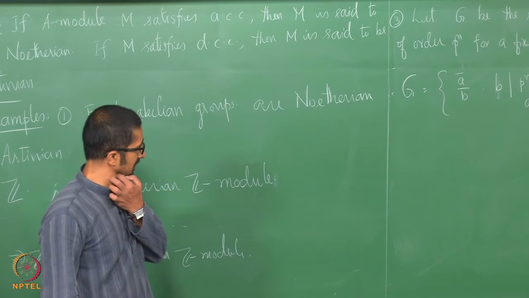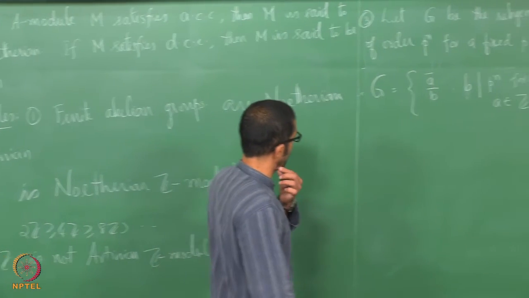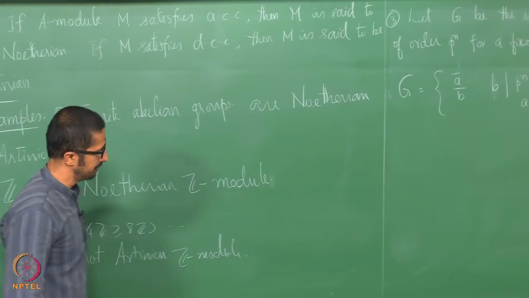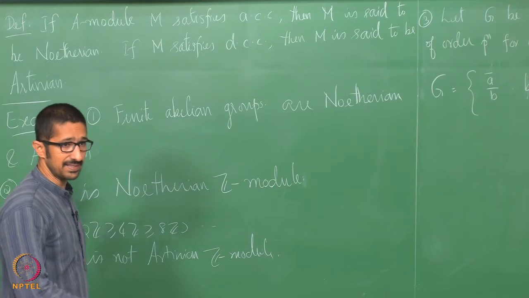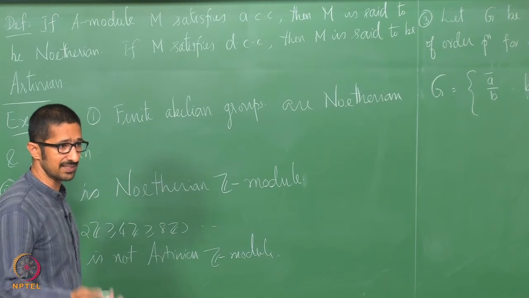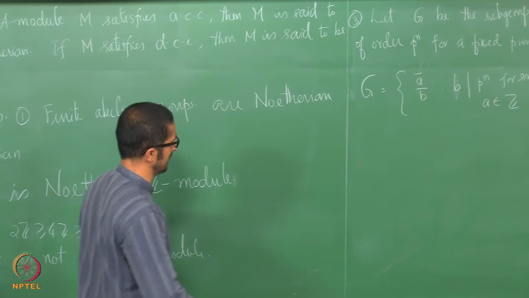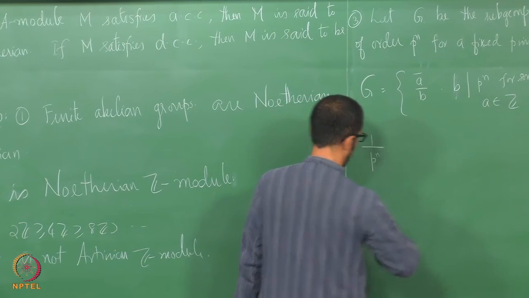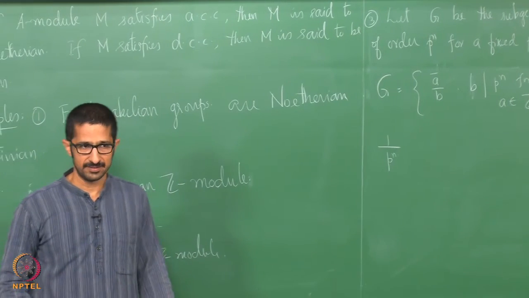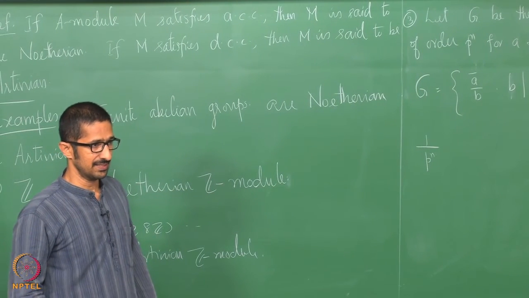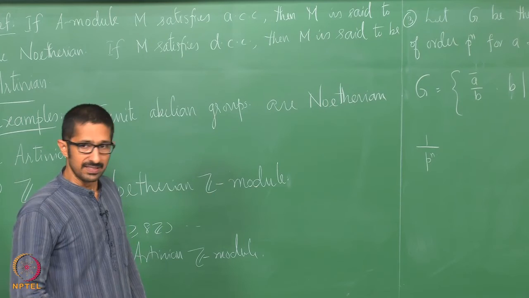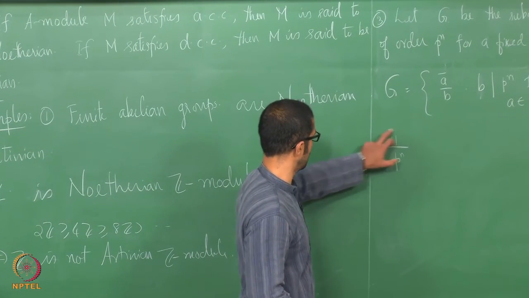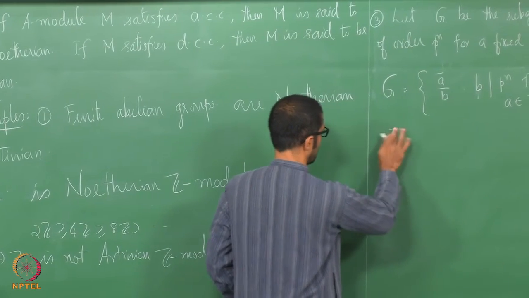Now, we want to check whether this satisfies the ascending or descending chain conditions and so on. If I look at the element 1 by p power n, what can you say about the equivalence class of it?